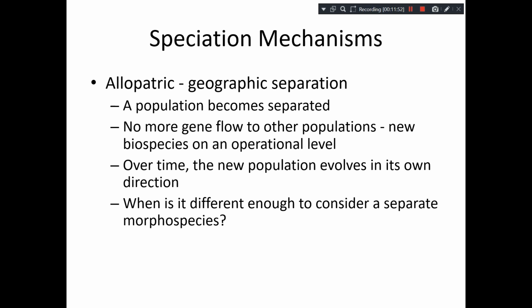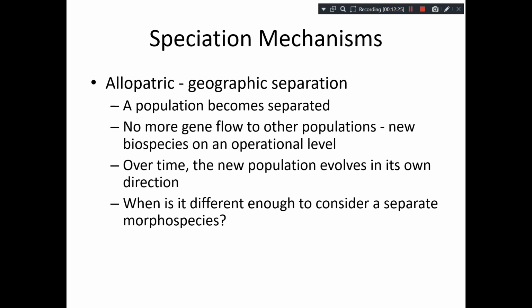Suppose a population becomes separated. When the population was together, they were sharing a common gene pool. But now, some individuals of that population have migrated to a new area where no such species exists. So this migrated population becomes separated from the mainstream population.